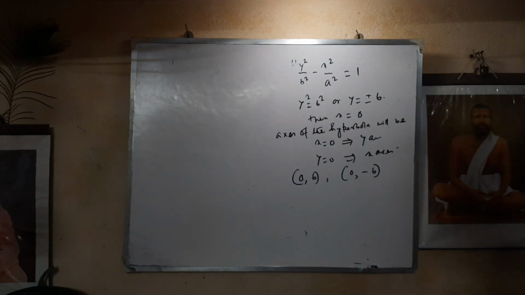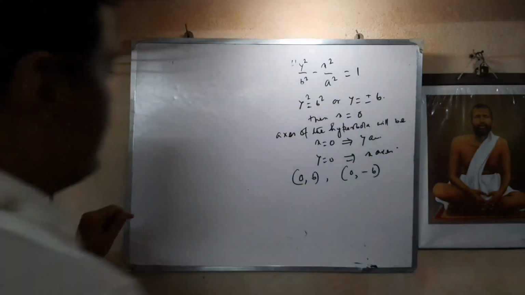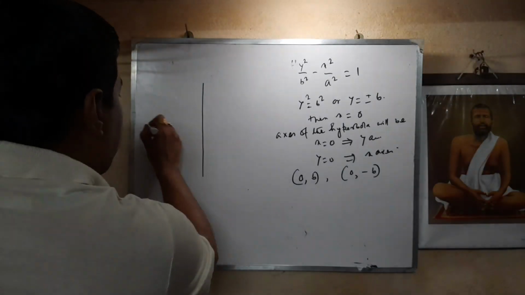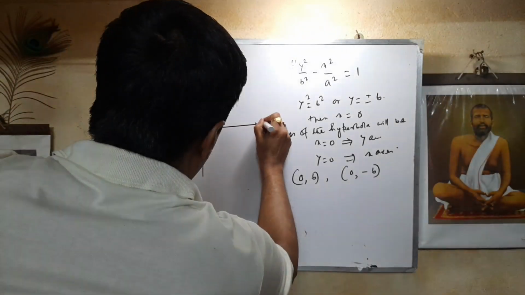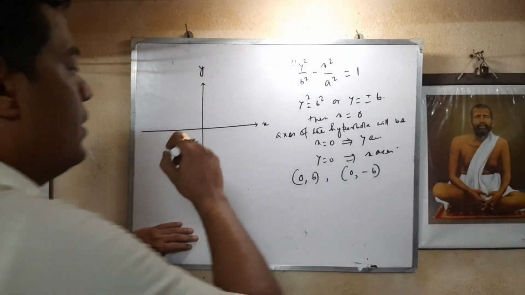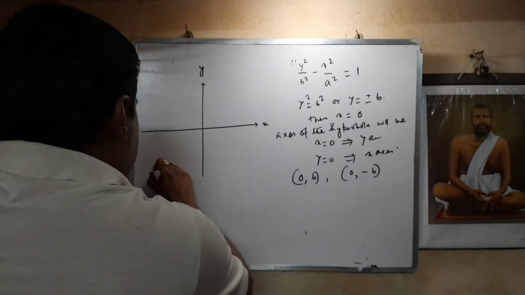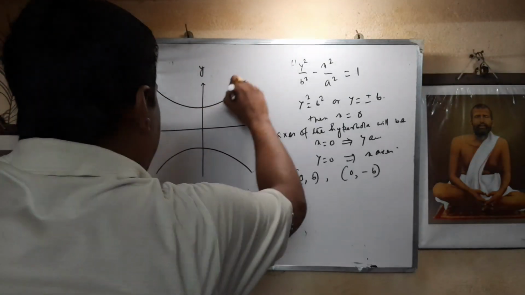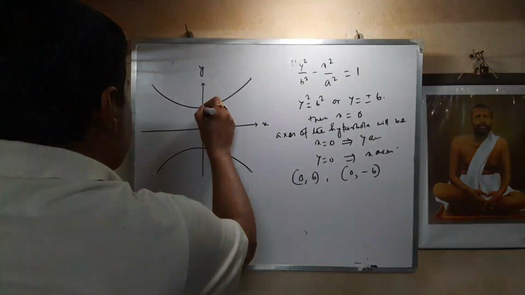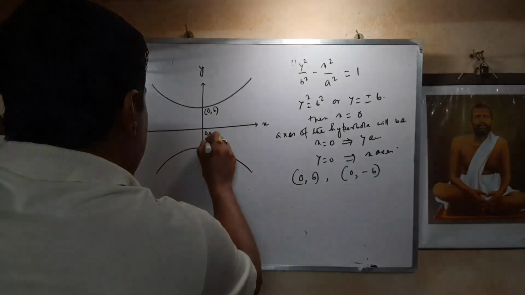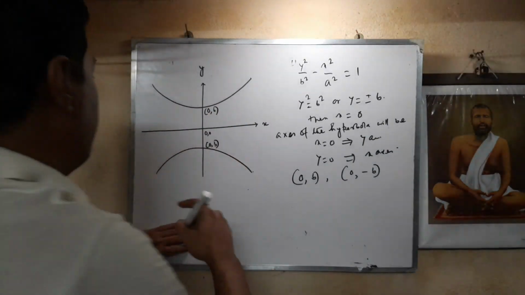Now let us sketch the hyperbola and see how the graph looks. This is our x-axis, this is our y-axis. It is 0, comma 0, it is 0, comma b, it is 0, comma minus b.